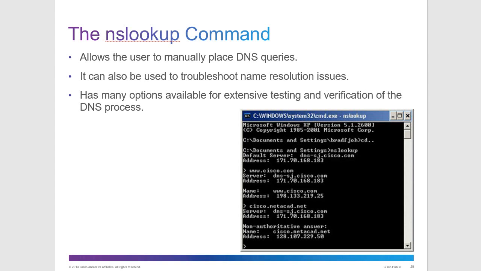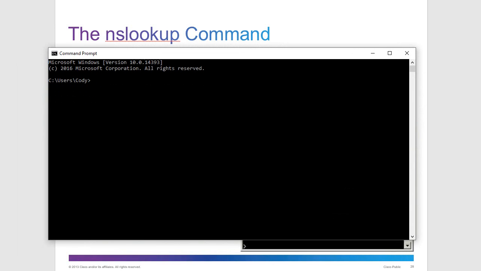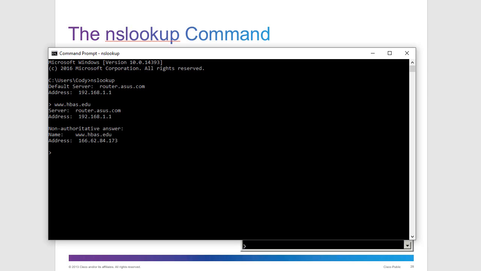So, here we go. Your initial nslookup is going to show you your default server. There's my router on my network. Now I'm in nslookup mode. If I want to see the resolution, let's say I want the school's website, www.hbas.edu, I see that the address for that is 166.62.84.173.